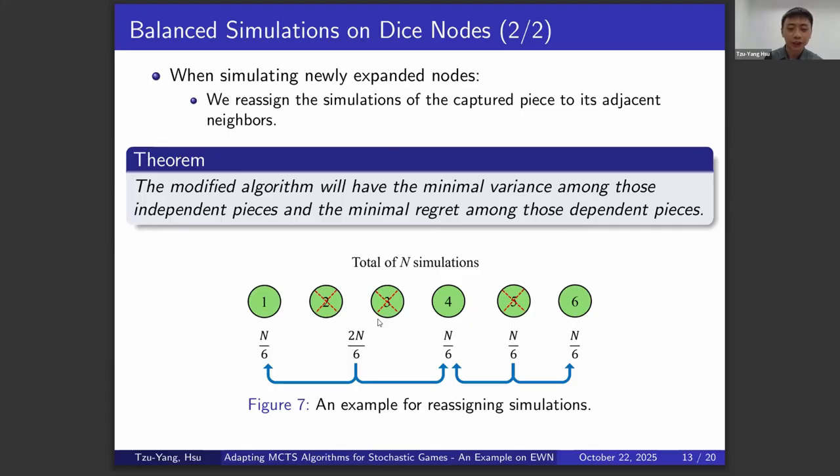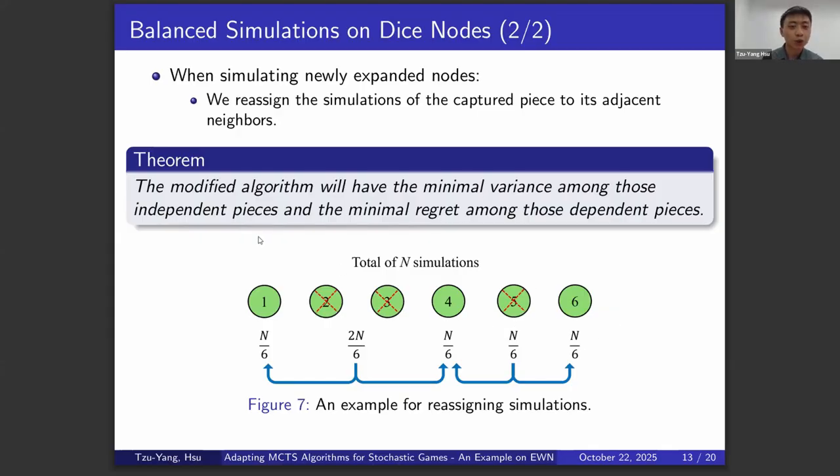And then we reassign the simulations for the captured pieces 2 and 3 to pieces 1 and 4, and reassign the simulation of piece 5 to pieces 4 and 6.